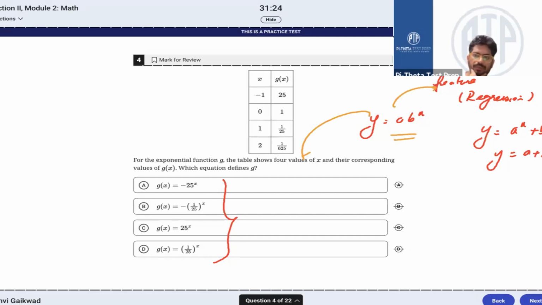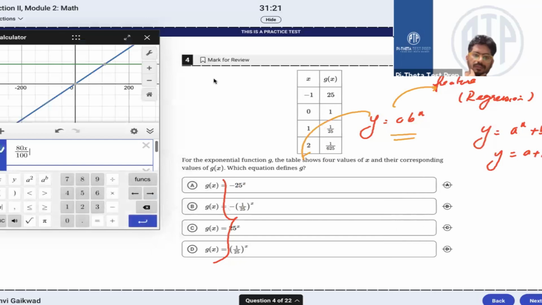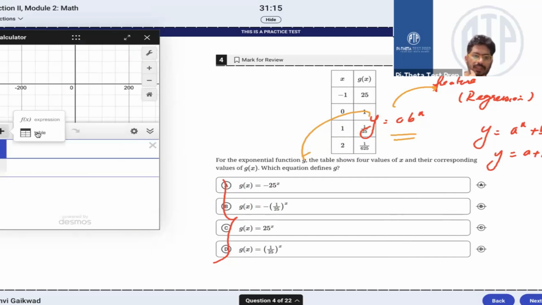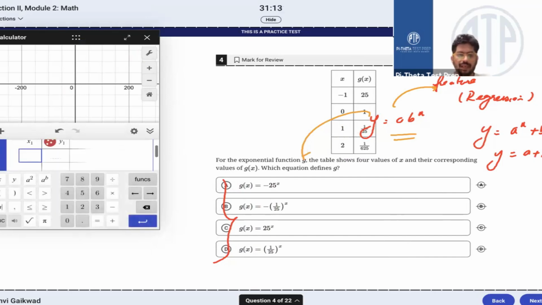I'll open Desmos now and use the table. I'll add a table here. In the table I can write -1, 25, then 0, 1, then 1, 1 upon 25, then 2, 1 upon 625.